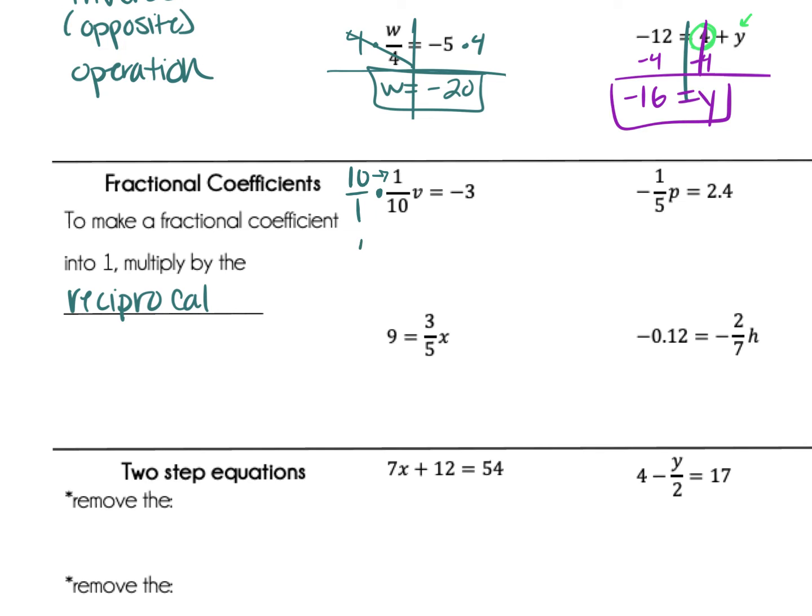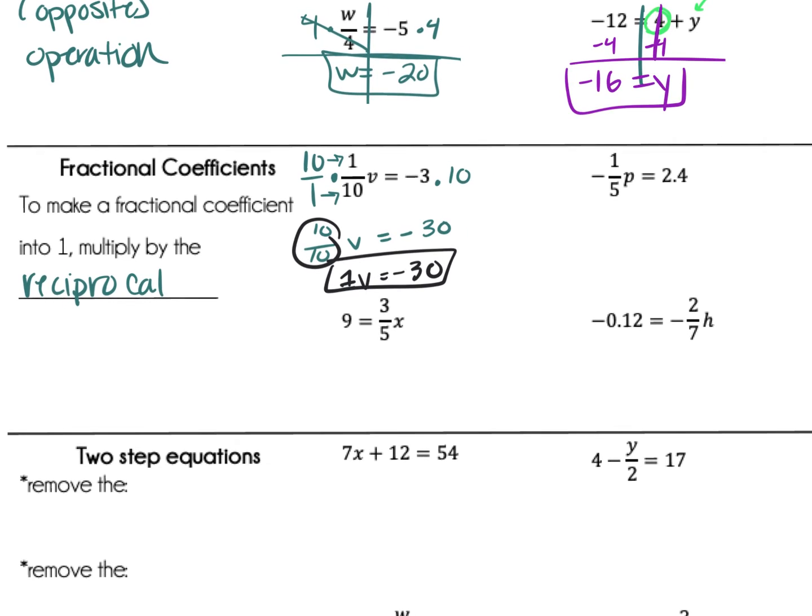So 10 times 1 is 10. 1 times 10 is 10. What I do on one side, I have to do on the other. Negative 3 times 10 is negative 30. So 10 divided by 10 is 1. So that helps me achieve my goal of getting a positive 1 of the variable.